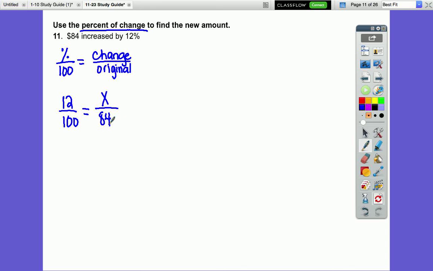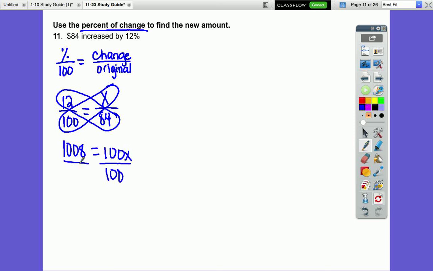So that will be 84 times 12 is equal to, and then we're going to cross multiply here, which will give us 100x. You're going to divide both sides by 100. And that will give you $10.08.